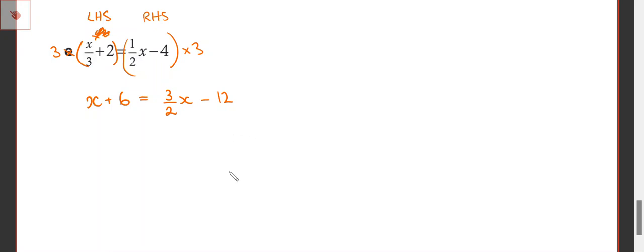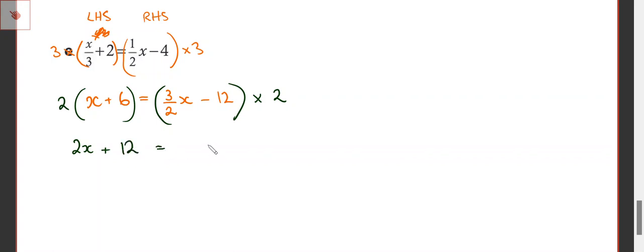What do you reckon I should do now? Times by? I could, but I'm dealing with the fraction first. Times by 2. I'm going to times this one by 2 as well. And I get 2x plus 12 equals 3 halves times 2 is 3.